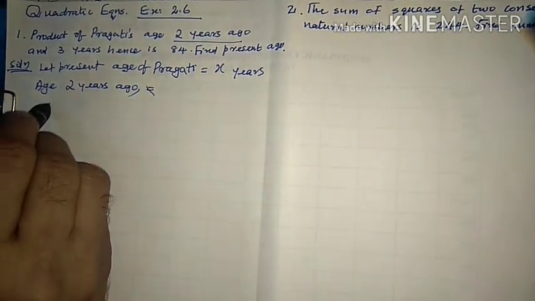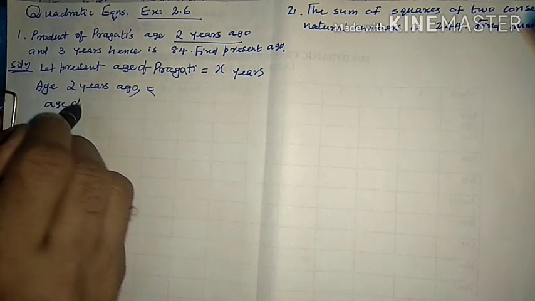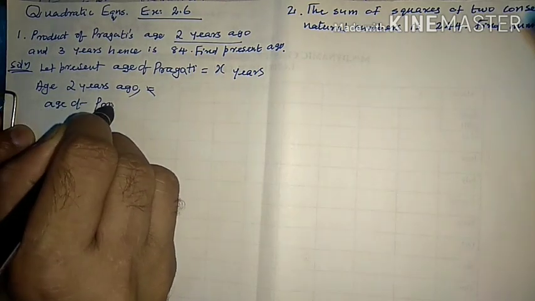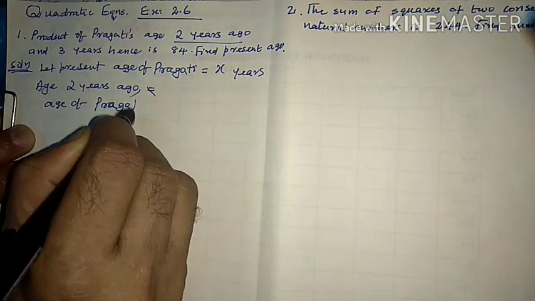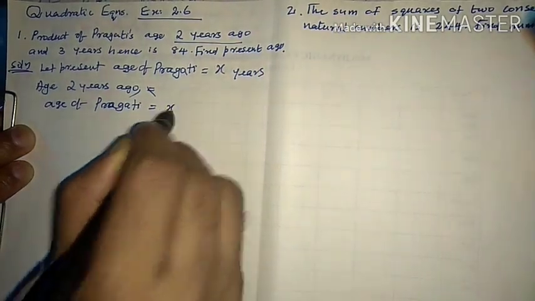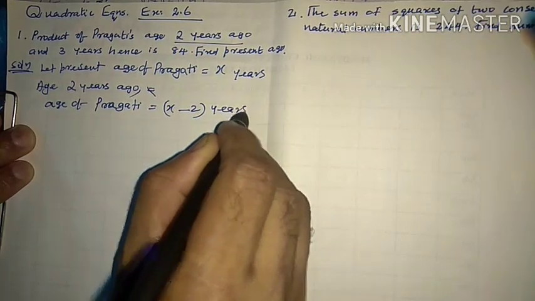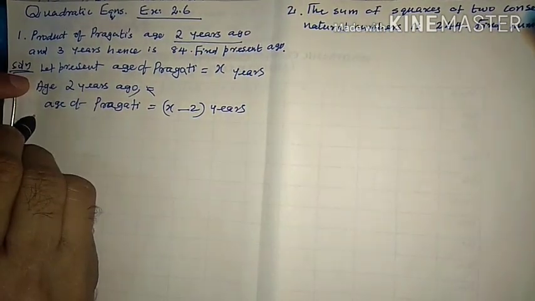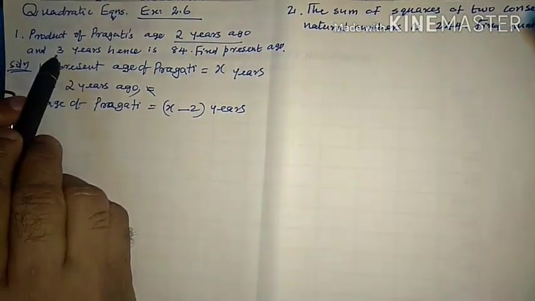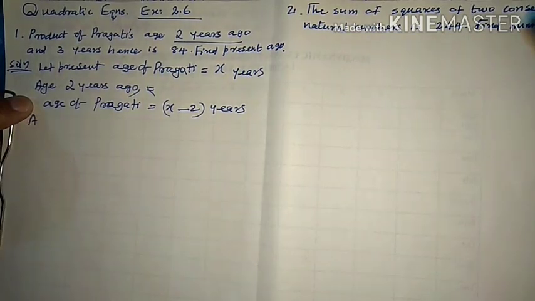So here, the age of Pragati 2 years ago is equal to present age minus 2, that many years. Now 3 years hence. Hence means from now we have to go forward 3 years.